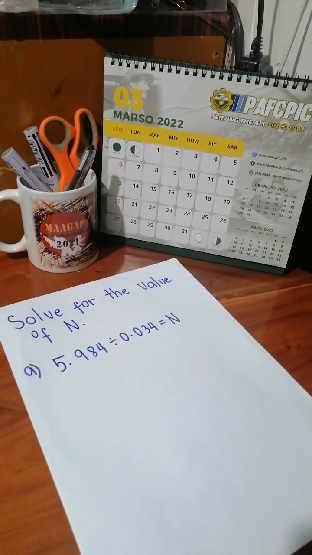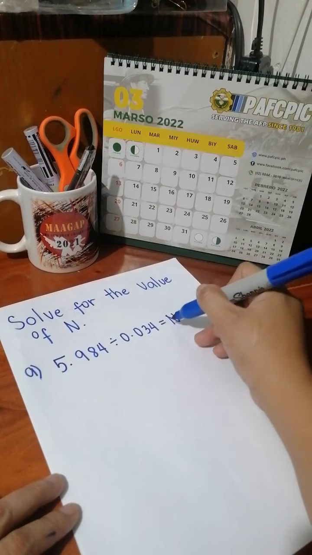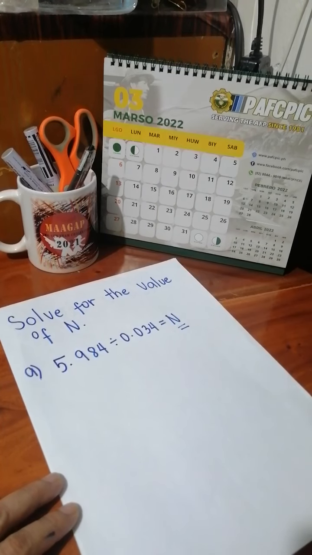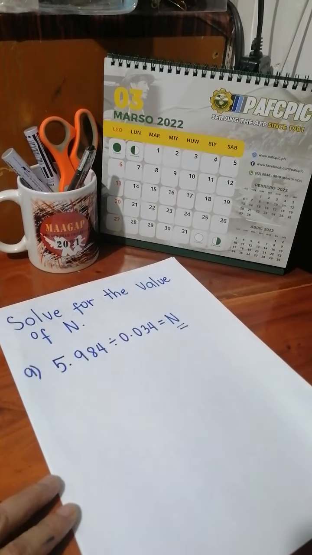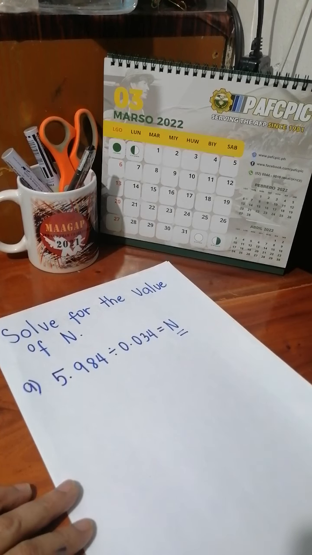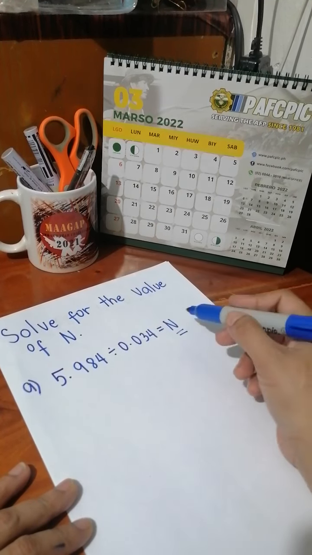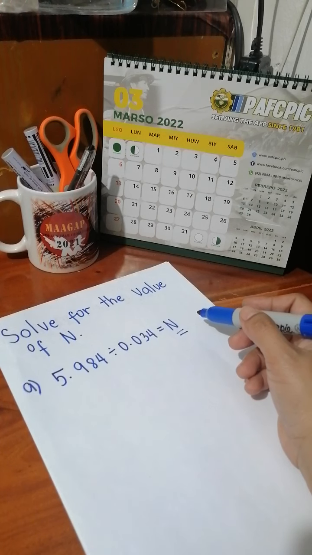That's divide. Okay, so where's the position of n here? The position of n here is at the end. Since at the end siya, ano ang gagawin natin? We are going to divide. Because the position is at the end, we are going to divide.